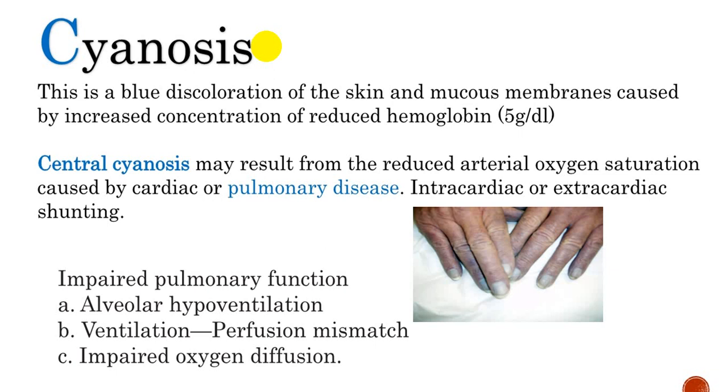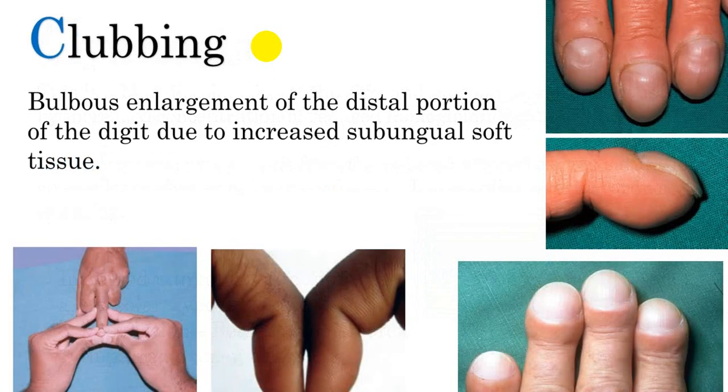In those particular conditions, you will get central cyanosis. Clubbing will be a very common feature as far as the respiratory system is concerned in bronchogenic carcinoma, chronic suppurative lung disease like bronchiectasis, lung abscess, empyema. Occasionally in some occupational lung disease, even mesothelioma, you can have clubbing.